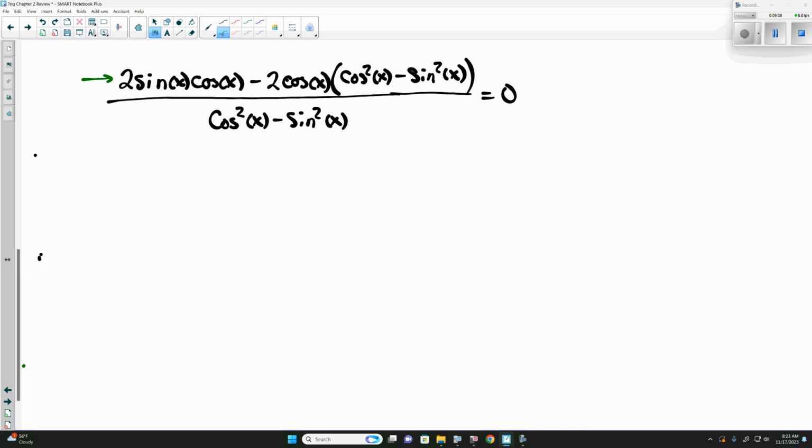So in the numerator, we will have our 2 sine of x cosine of x.